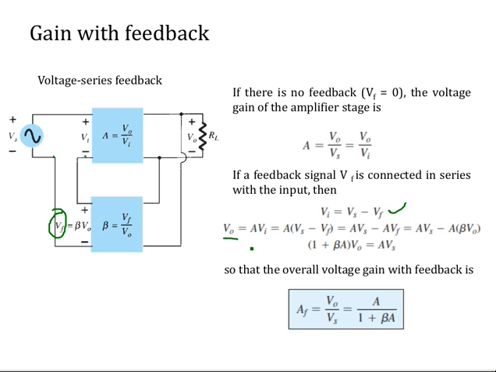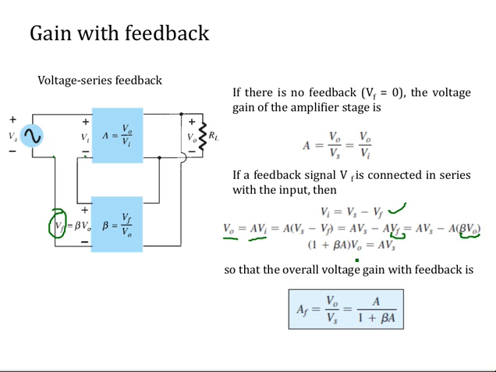Then V0 is equal to A into Vi, or what is Vi? Vs minus Vf. Substitute it here, you will get V0 is equal to A into Vs minus A into what is Vf? What is Vf in terms of V0? It is beta times V0. Substitute that beta V0 here.